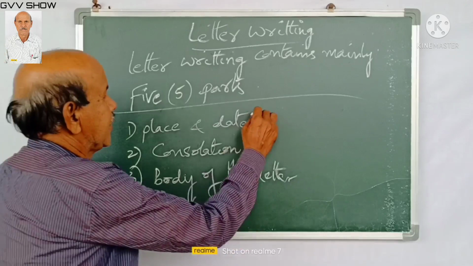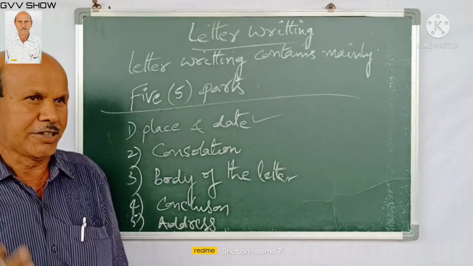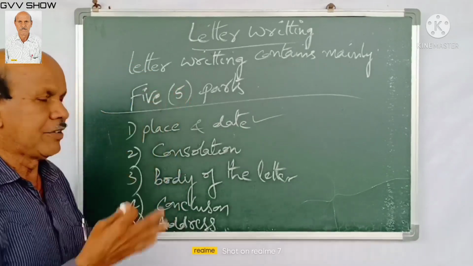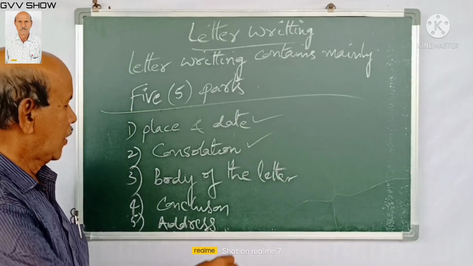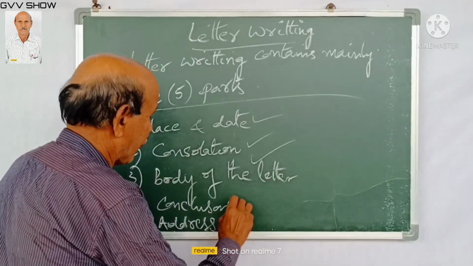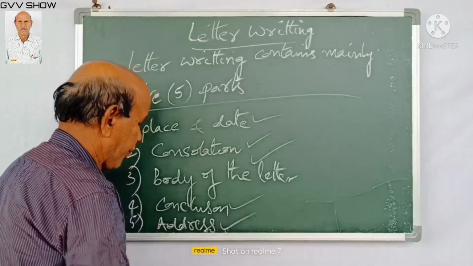Number 1, place and date. I will explain in detail where we should write. Number 2, consolation. Number 3, body of the letter. Number 4, conclusion. Number 5, address.